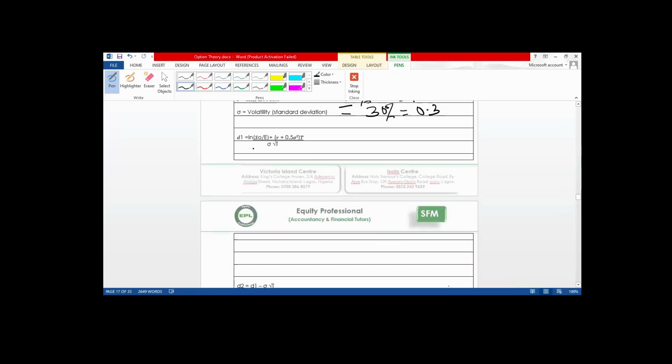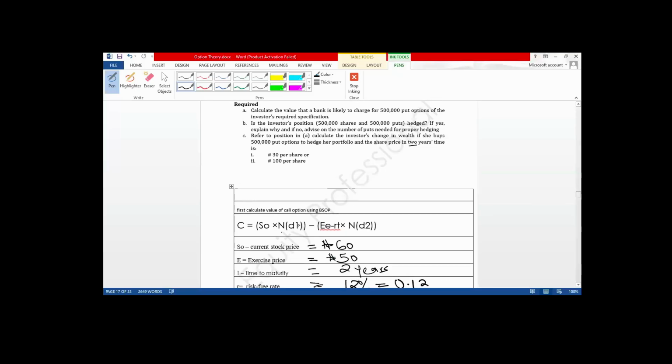Calculate your D1. Look at the formula. From the formula, you have N(D1), N(D2). We need to calculate N(D1), N(D2). Somebody chatted me, not sure if it's online class or physical class, and said we didn't raise this to power.